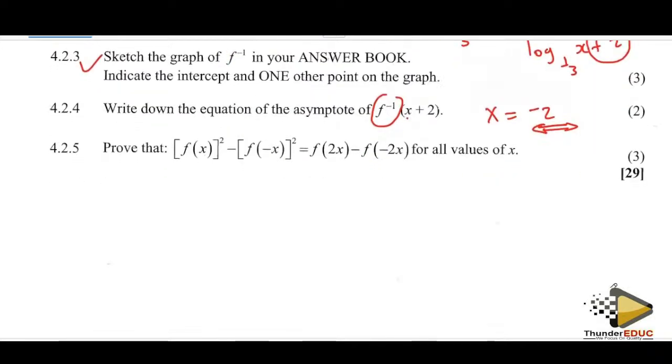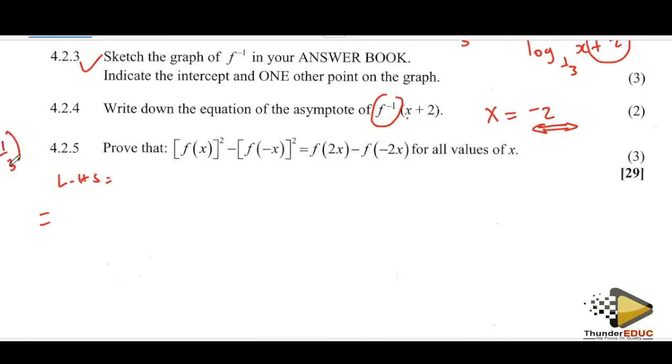Then 4.2.5, can we prove that f of x squared minus f of negative x squared gives us this for all values of x? This is a proof question, so we need to look at the left-hand side and the right-hand side. If I start with the left-hand side, what was my f of x?